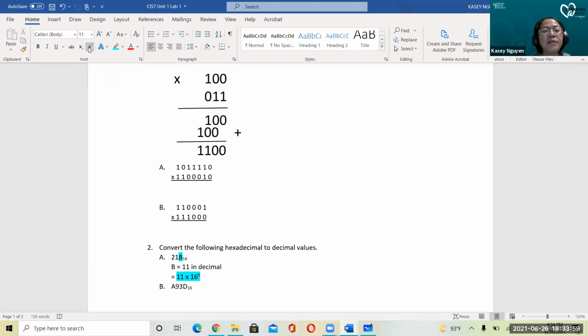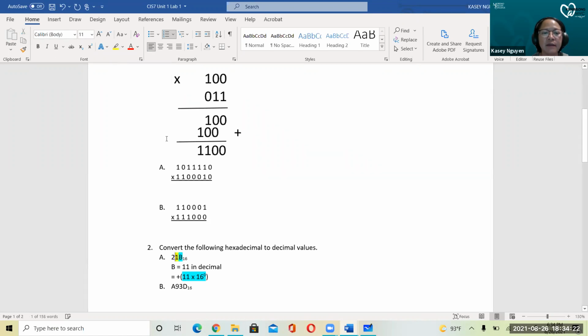Then we are going to take this and add it to the next digit. I'm going to go from right to left, so I'm going to add it to the left so you can see. Then the next digit is going to be 1.